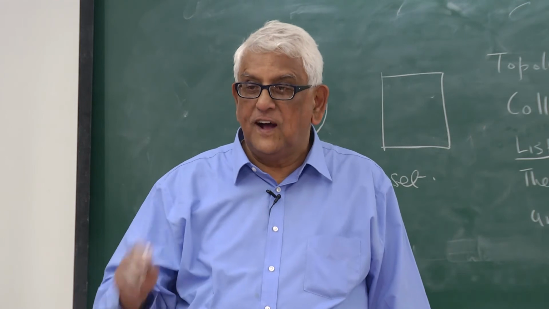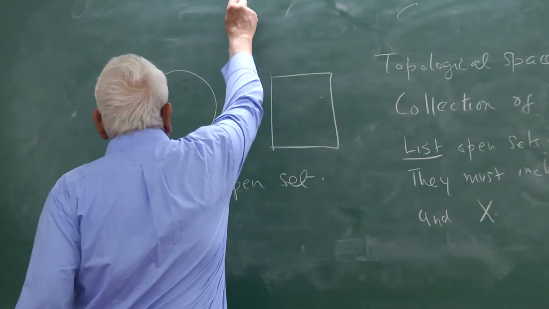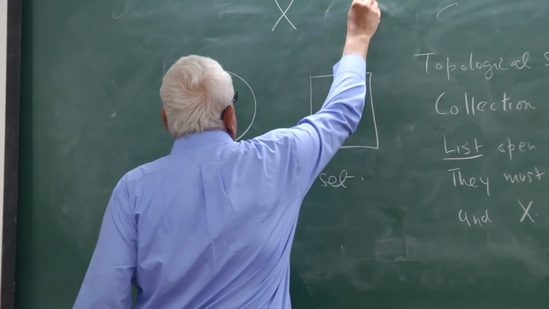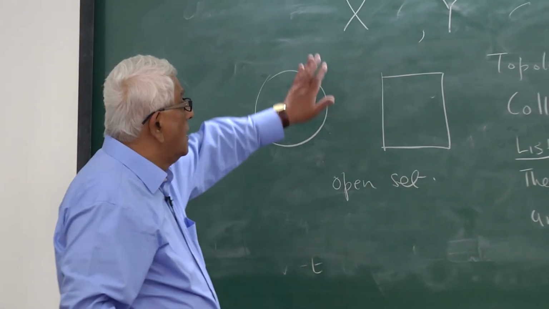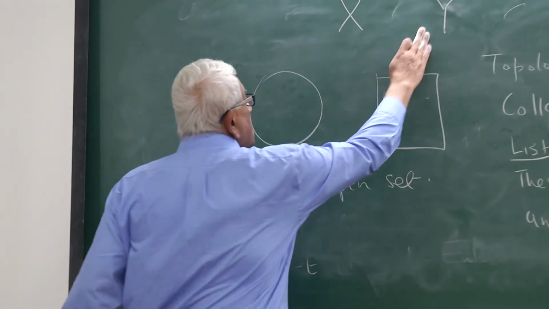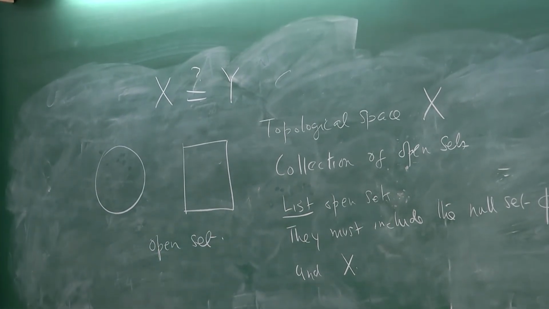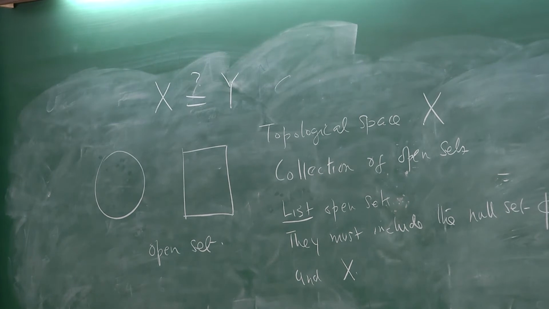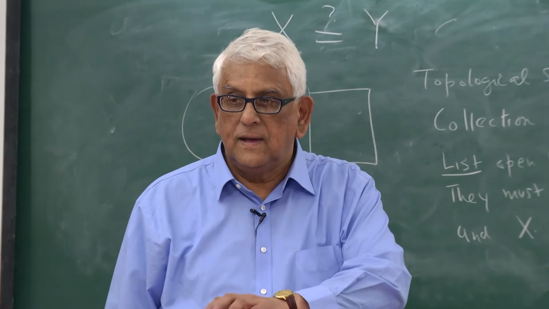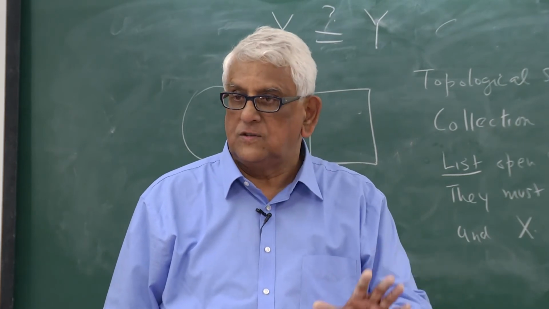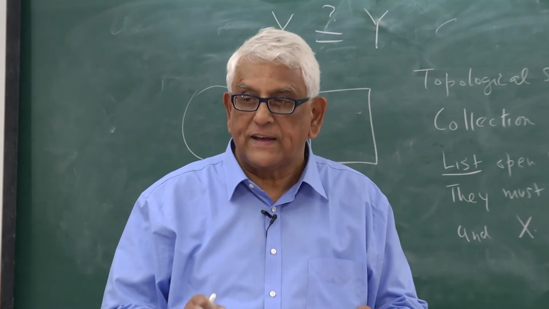Sadly, the first thing you want to know is, if I give you a topological space X and a topological space Y, are they equal? I will not go into the technicalities, but equality means that you can continuously go from one to the other and back again. That is the notion, and so they are said to be equal, or homeomorphic.